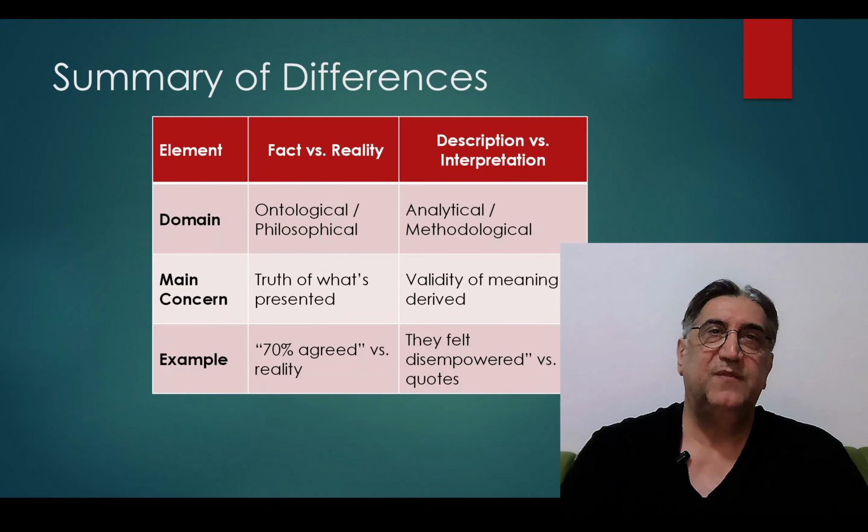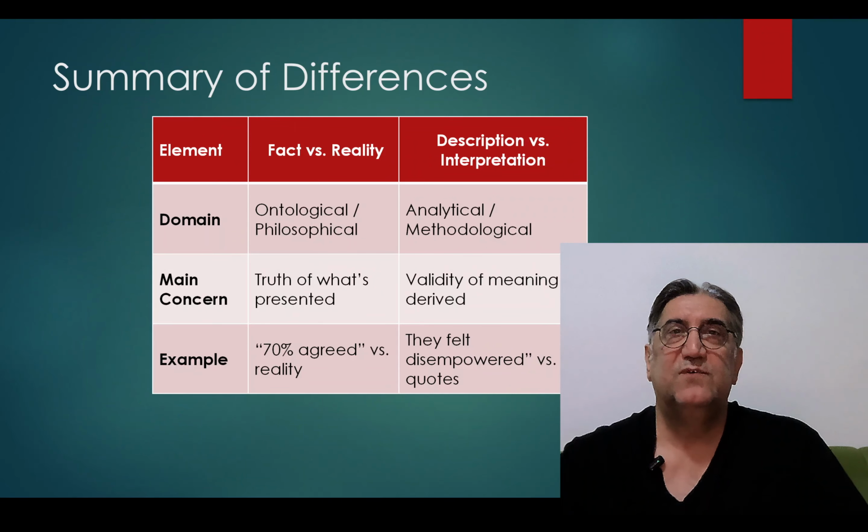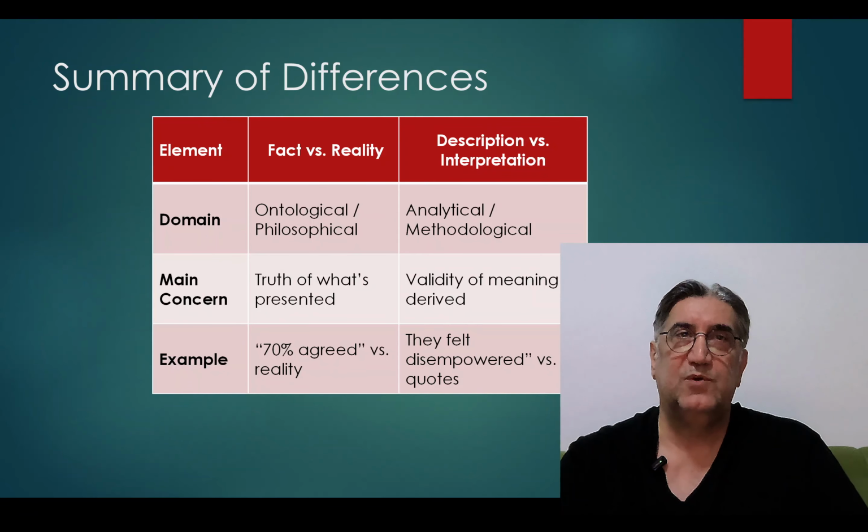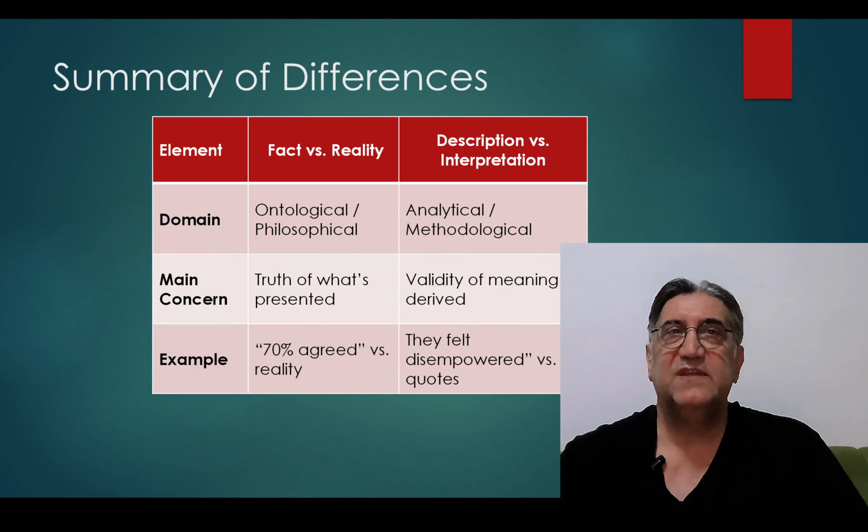Now, contrast that with description versus interpretation, which comes from an analytical and methodological perspective. Here we are less concerned with whether something is real in a philosophical sense, and more with how meaning is derived from the data that has been collected. For example, a participant might say in an interview, "I just sat there. I didn't say anything."